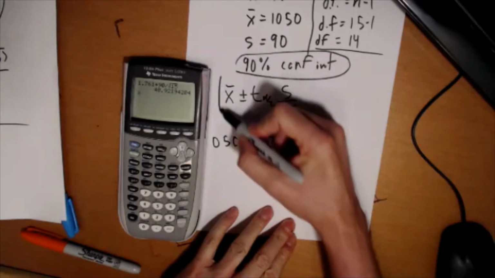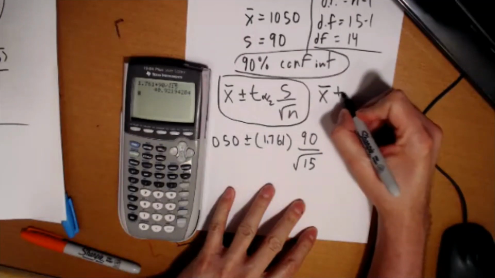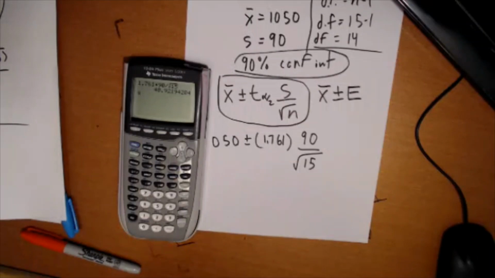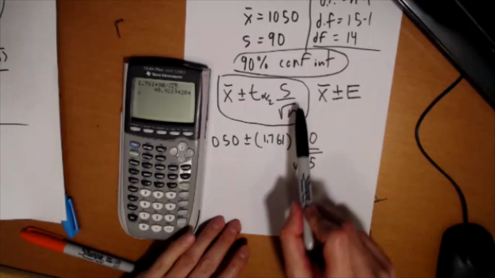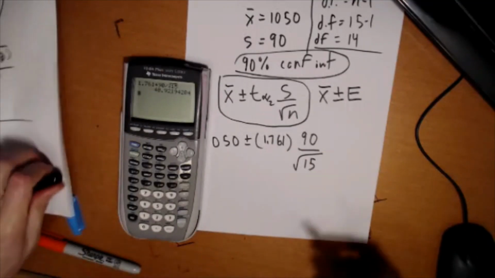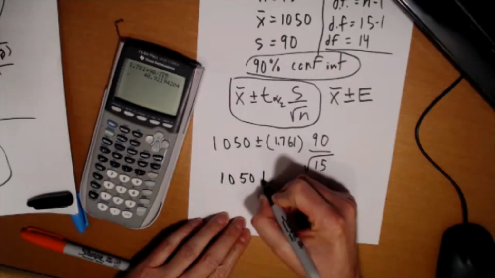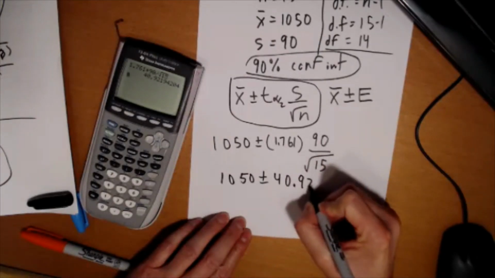Maybe you see that this is analogous to what we were doing before, x bar plus or minus e. Remember when we were doing the confidence intervals for proportion, we had p hat plus or minus e? So everything's analogous. So we have 1050 plus or minus 40.92.